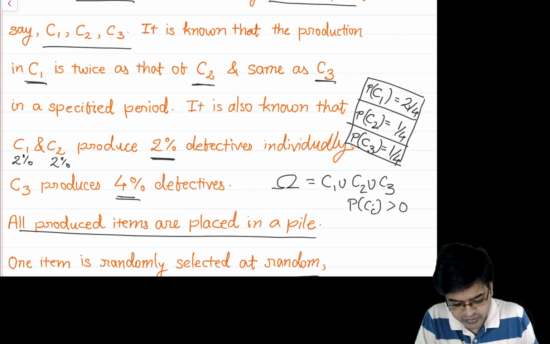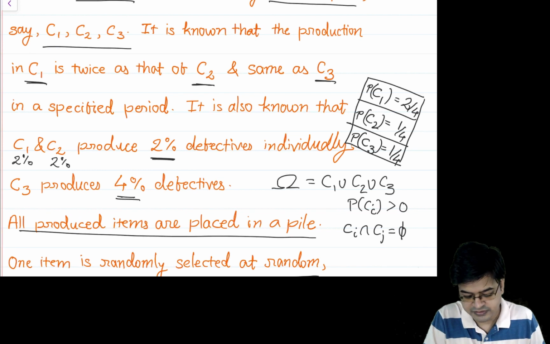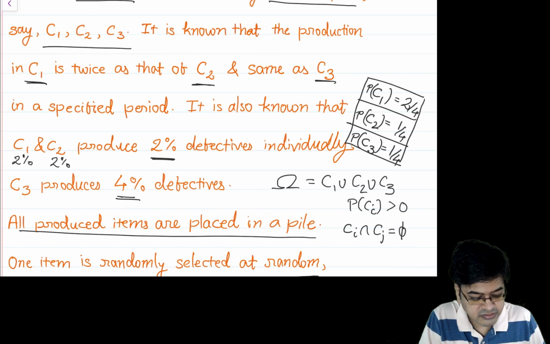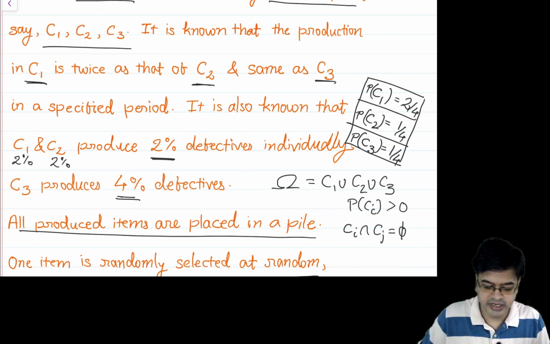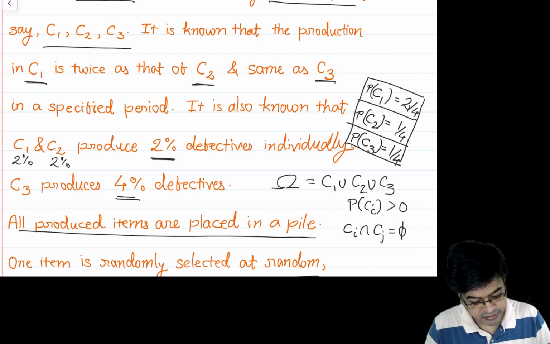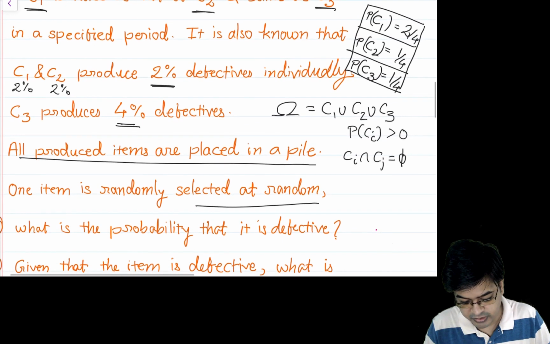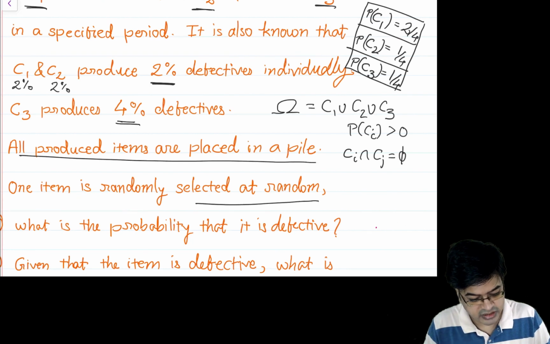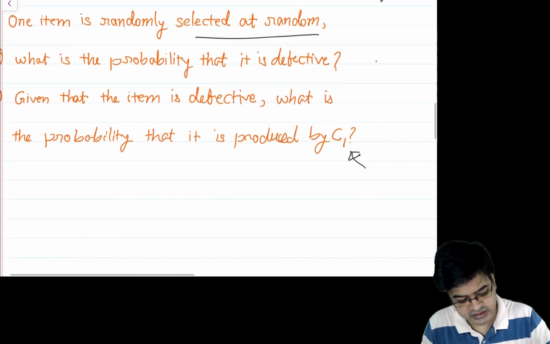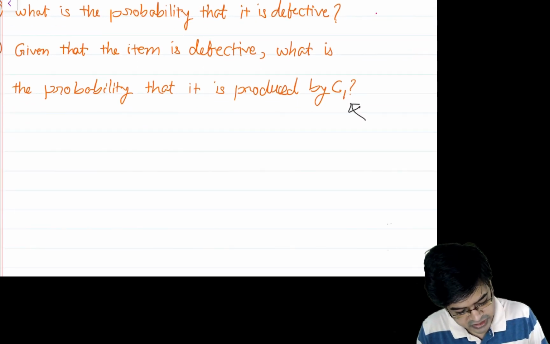Then C1 union C2 union C3 should be omega, and if you take any two, Ci intersection Cj should be equal to phi. This is by construction. So I have the explicit arrangement of a partition. This gives me some idea about how to apply Bayes theorem. So I have a partition, then I can apply the law of total probability, the multiplication rule, and therefore I can apply Bayes theorem. Now let us chart this using the sequential description of a sample space.